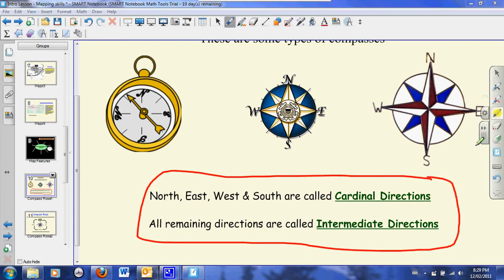The reason for that is that there's two vocabulary words, cardinal and intermediate direction. You need to know that cardinal directions are either north, south, east, or west. Any other direction is intermediate. So get that copied down.